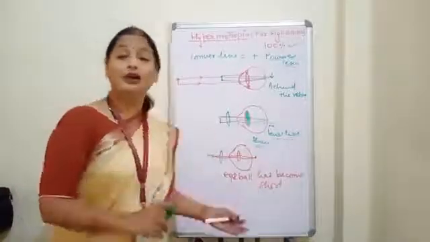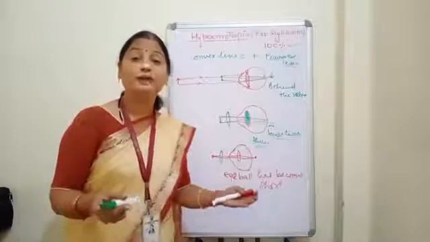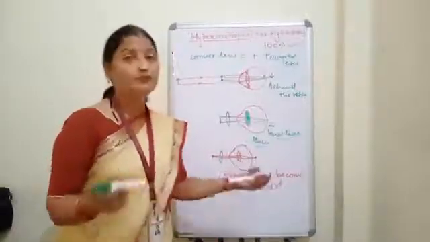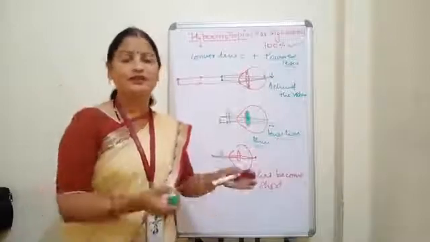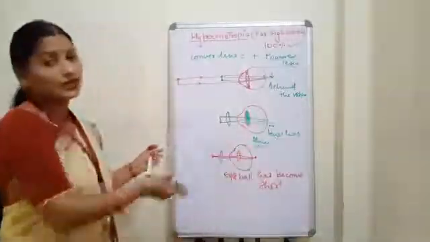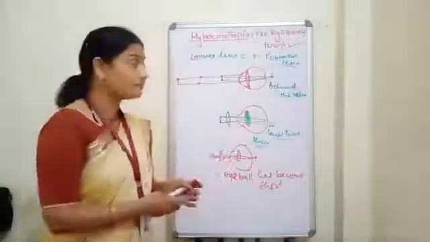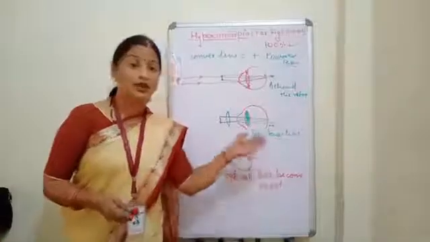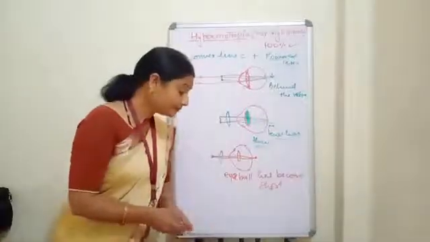And in case of myopia, where we were using a concave lens, I told you that the focal length is negative, because the concave lens has its focal length on the negative side, that is towards the left side. So it has been calculated as negative. Okay, children, so this is all about hypermetropia and farsightedness.